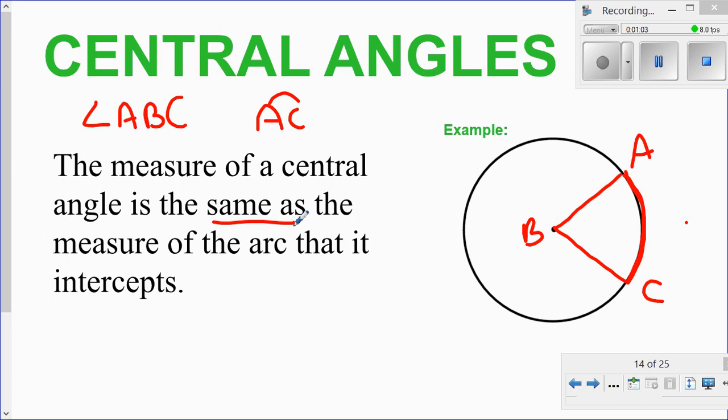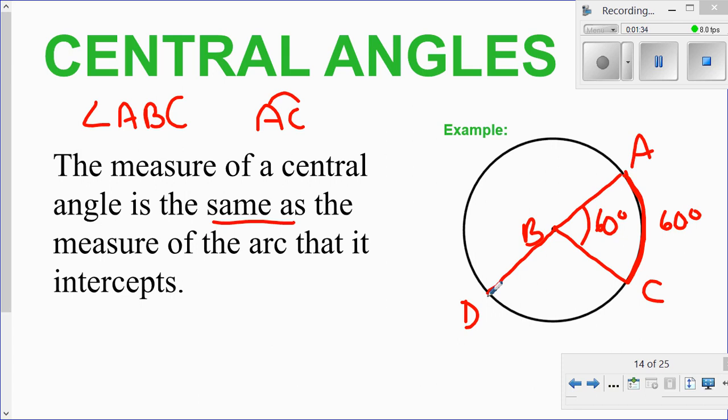In other words, if angle ABC has a measure of, let's say, 60 degrees, then arc AC also has a measure of 60 degrees. That's all that's saying. If I continue this line and call that point D, now I have a diameter.